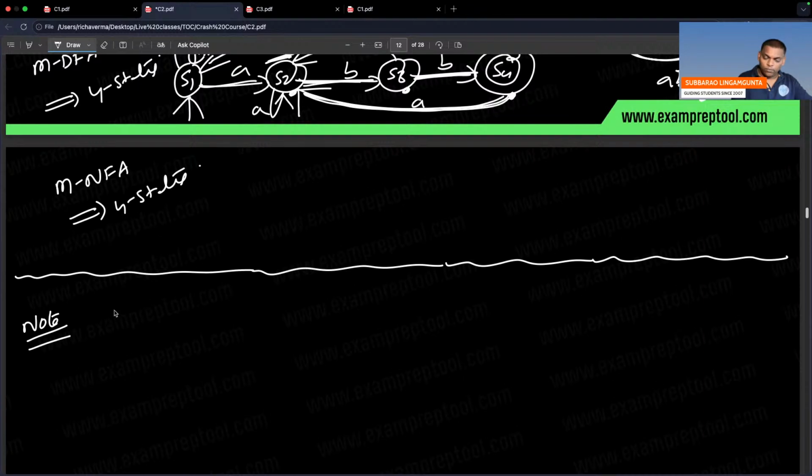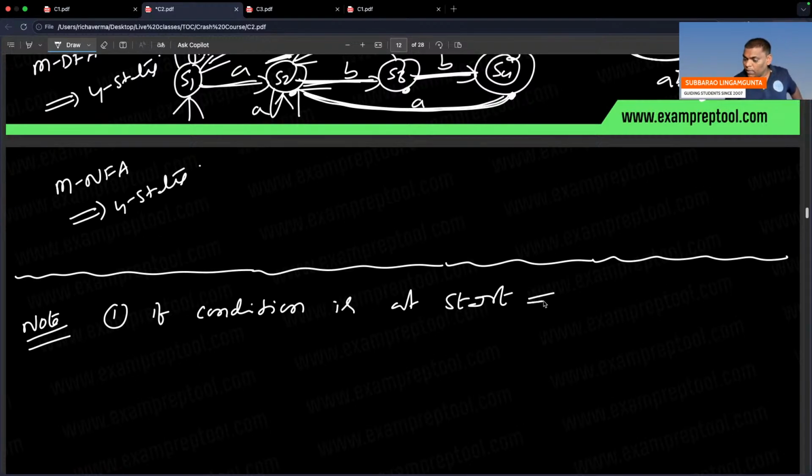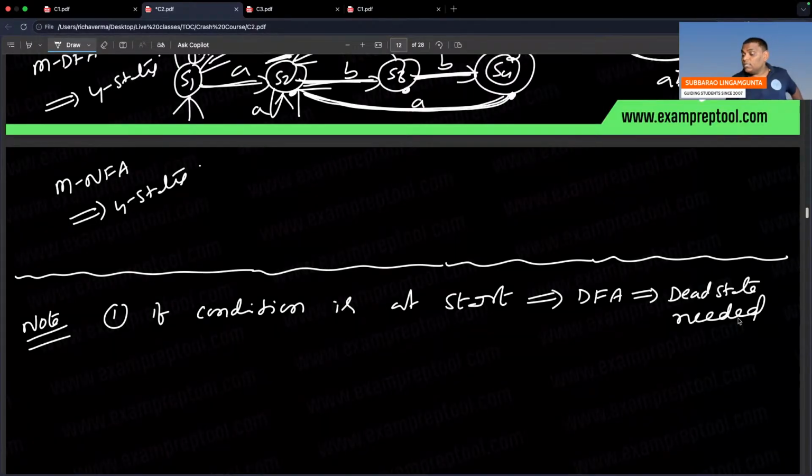If the condition is at the start, remember, in the DFA, a dead state is needed.